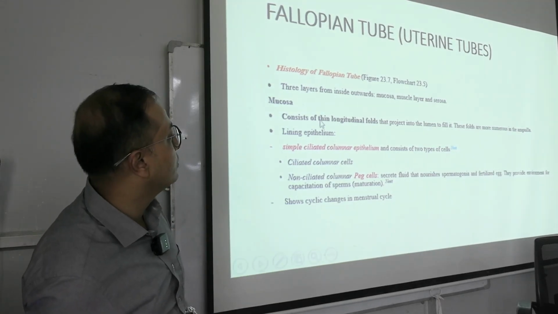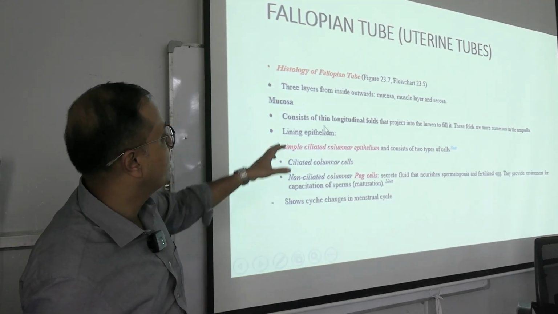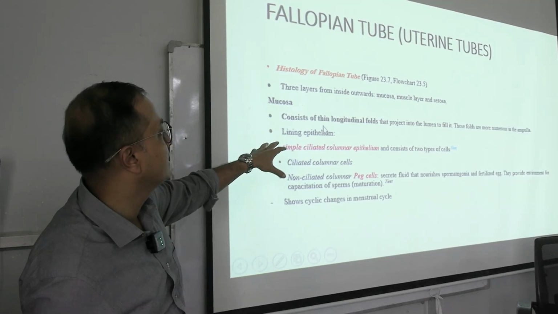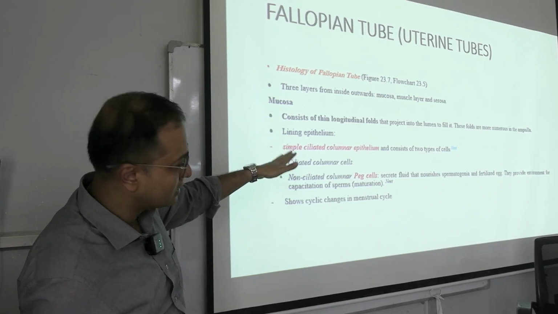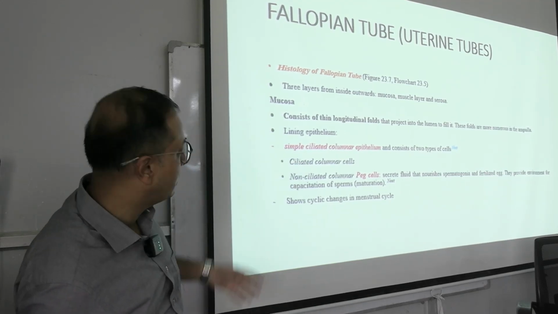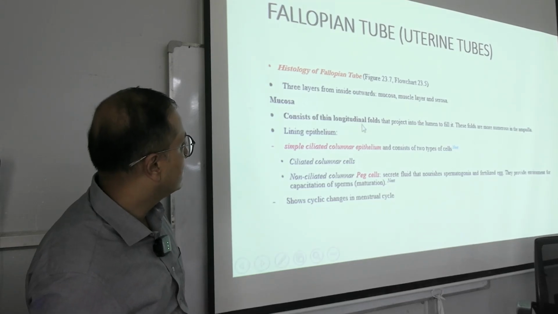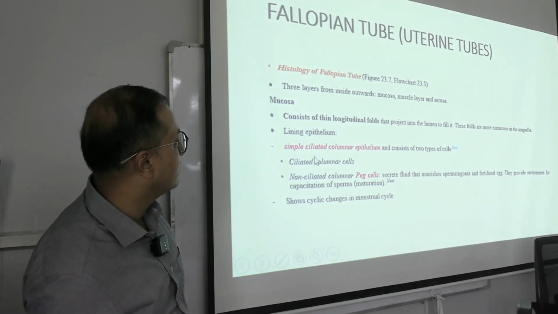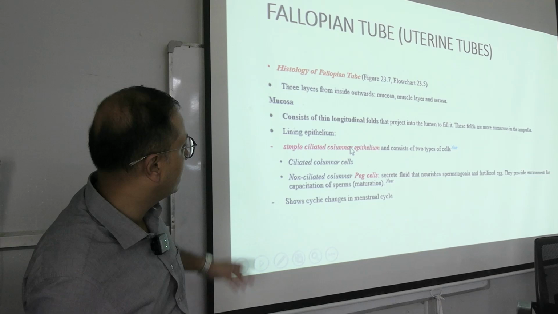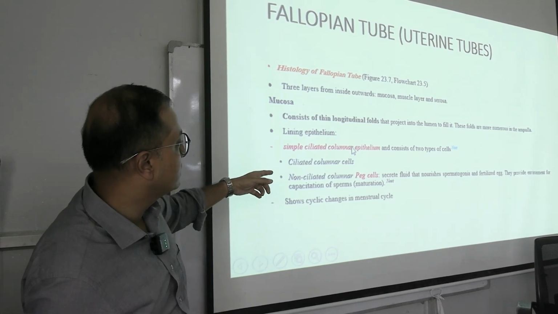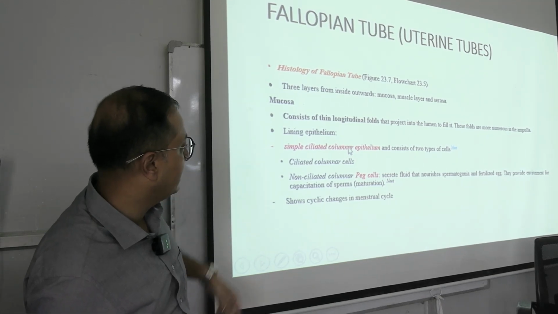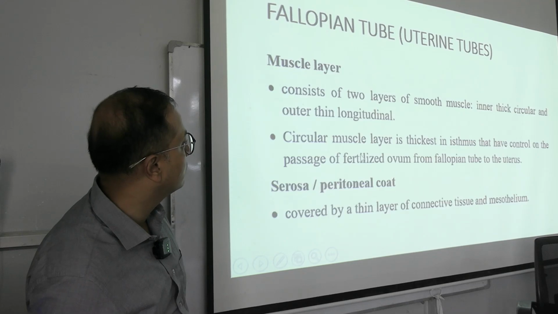We call them longitudinal folds. Under it we do not have a submucosa; it rests straight on the muscle layer and adventitia. So this cell, we call it ciliated columnar to cuboidal epithelium, thrown into longitudinal folds.